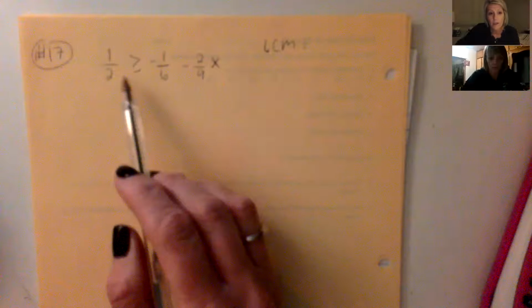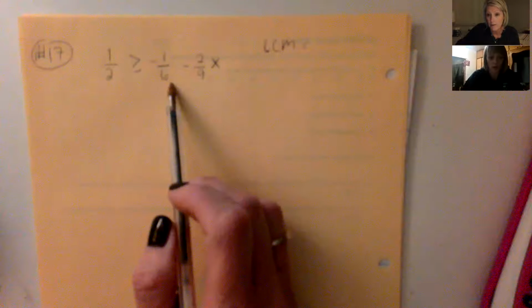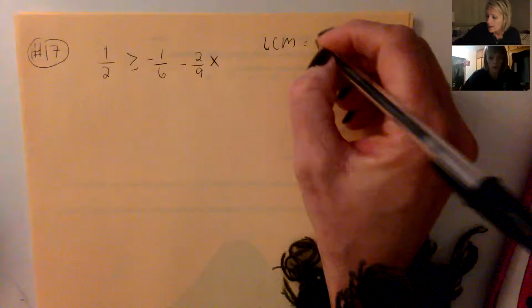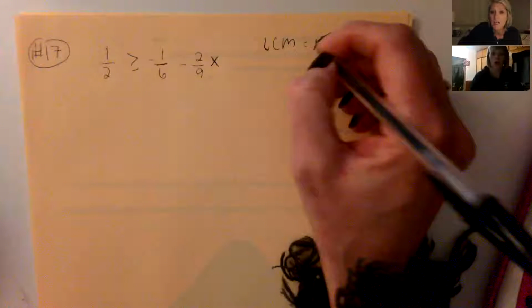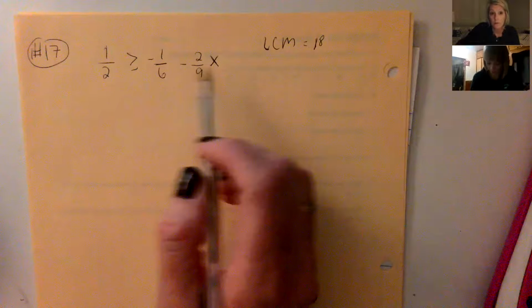But I do see one. 2 times 9 is 18. And 18 is also a multiple of 6. Right. So I think 18 is a good one. I'm trying to keep it as small as I can. But it could be you just do 2 times 6 times 9 if you wanted to. So 108 would have worked as well.